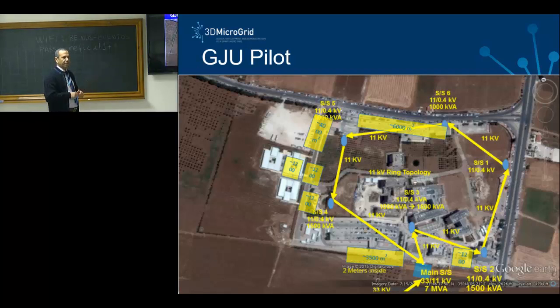So this is my final slide, just to give you an idea, if you want to build a pilot that demonstrates what we have been doing. GJU is one of the pilots, and we have MCAST as another pilot. This is a graphical representation of what a macrogrid would look like. You can see there are generation resources that are very much dependent on the renewable photovoltaic system.